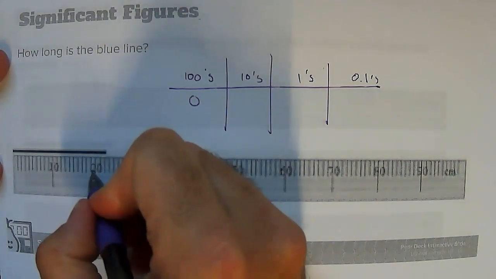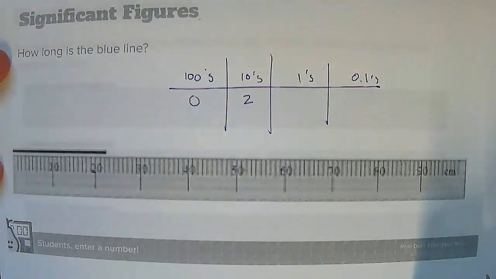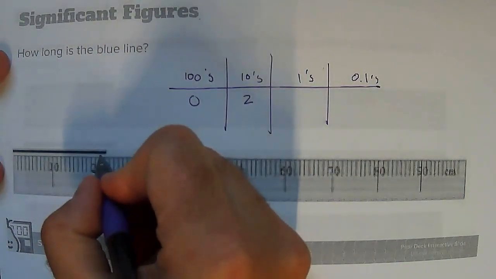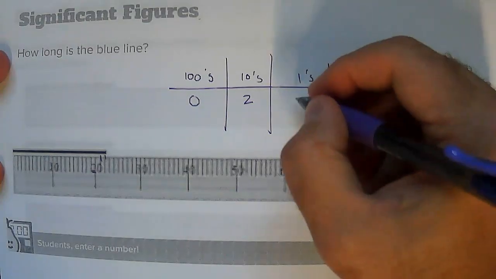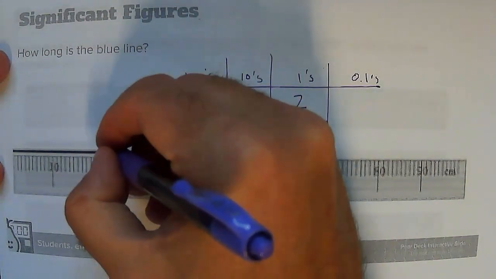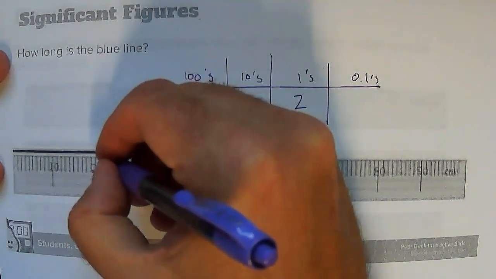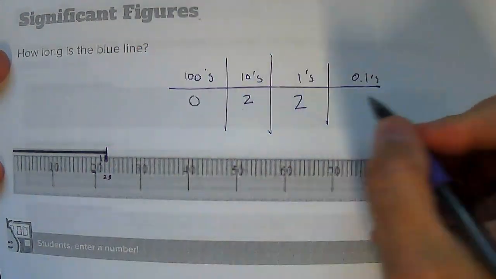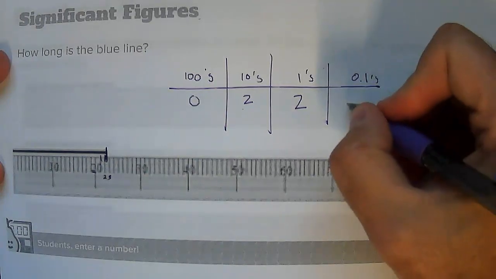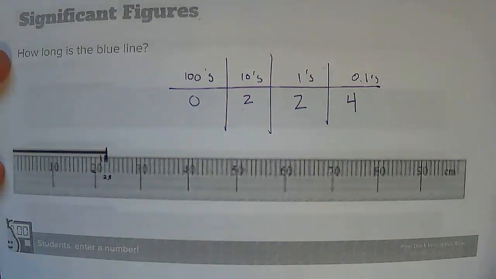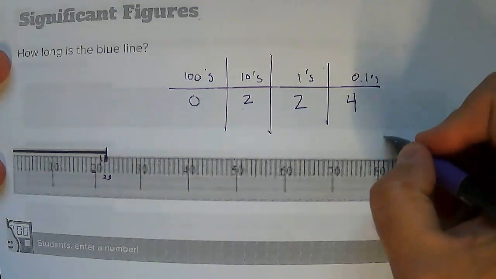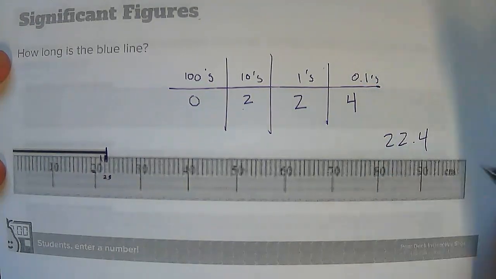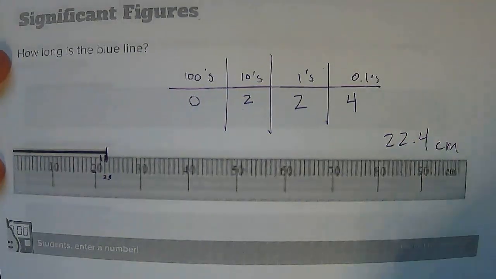We know this is 20, so it has 2 tens. And then we know it's 2 ones, but then this line comes in between the 22 and the 23, so it's 22 point something, and I would say 4. So I think that this answer is 22.4 centimeters.